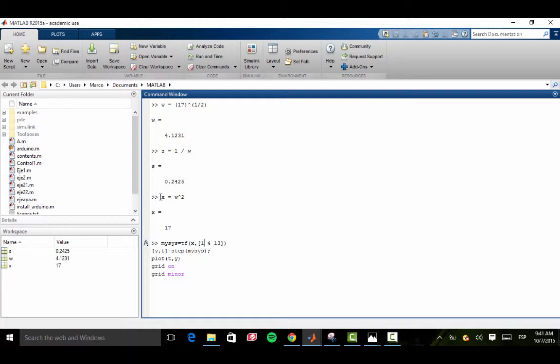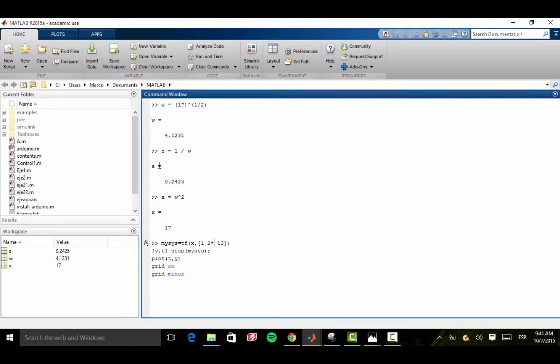The first coefficient below the transfer function is going to be 1. The second here is going to be 2 times sigma.